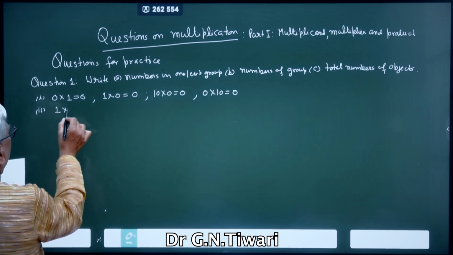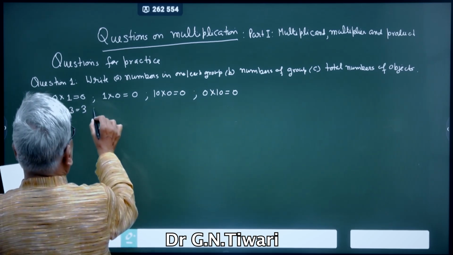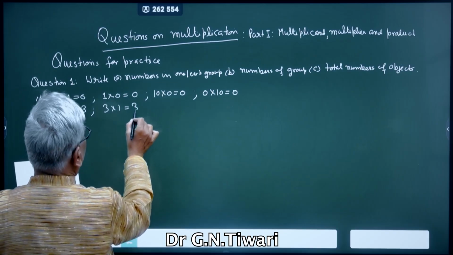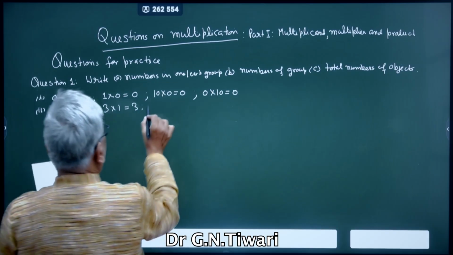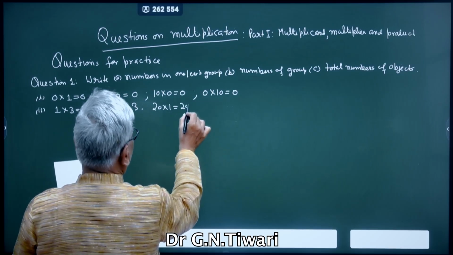अब देखिए, second, 1 × 3 = 3. 3 × 1 = 3. It has a meaning. 20 × 1 is 20.